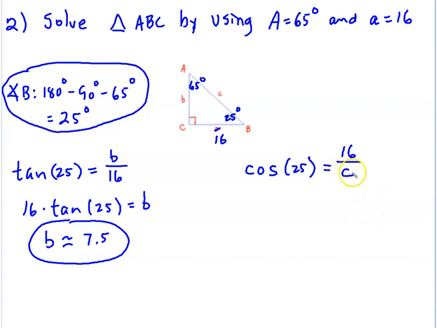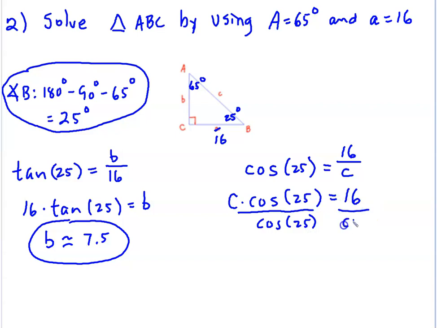So this time, to solve for C, I'm going to multiply by C on both sides, C times cosine 25, and that'll cancel the C denominator on the right, and then I'll just divide by cosine 25 on both sides.